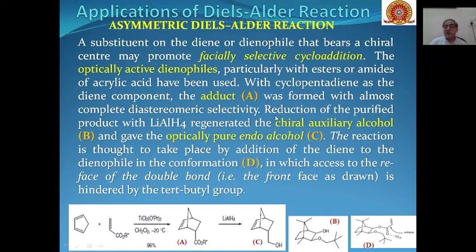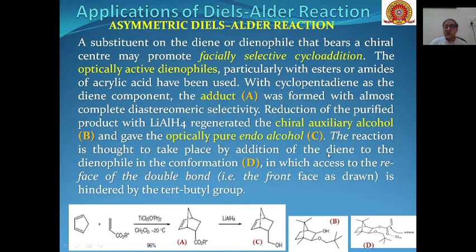Then reduction of this product with lithium aluminum hydride will give us the chiral auxiliary alcohol, and this optically pure endo alcohol will be formed as the product. So this has been formed by asymmetric Diels-Alder reaction.